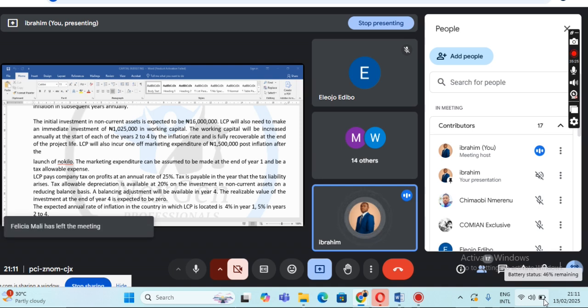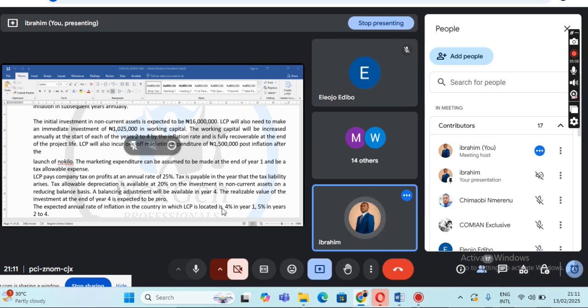You can see the inflation rate that they've mentioned in the variable cost. They say variable cost will be based on the annual inflation rate. Don't forget that.